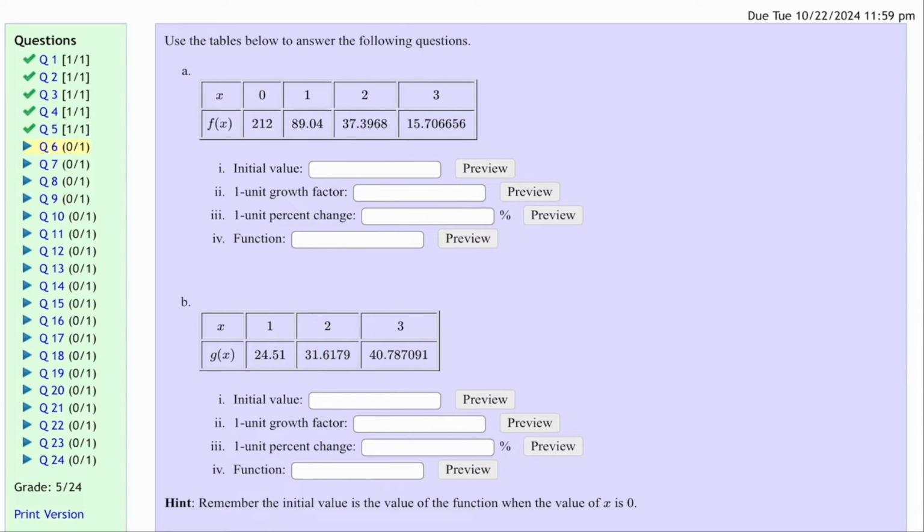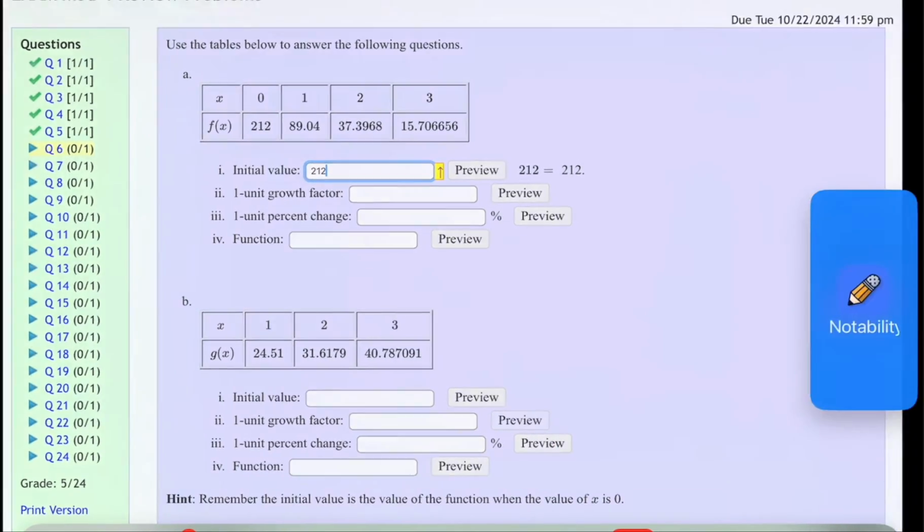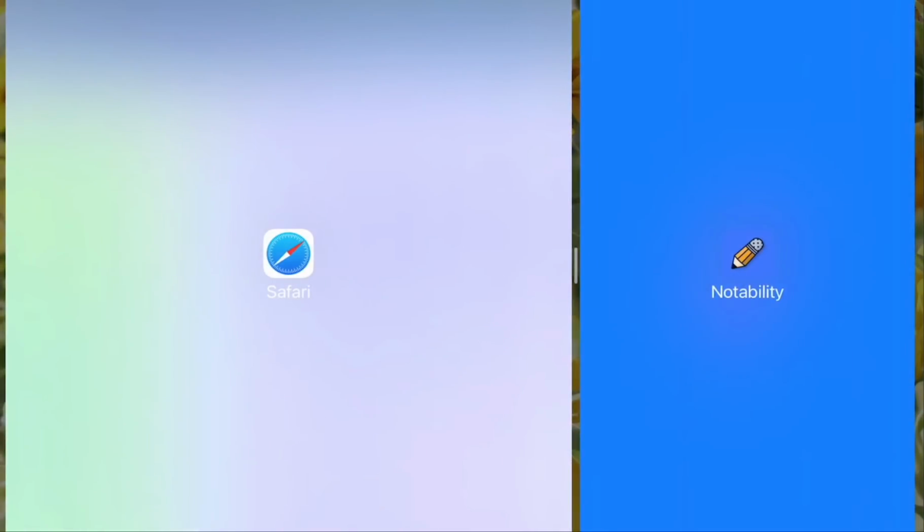So if we have a table here, let's go ahead and answer all the questions. The initial value is wherever the 0 is, and so our initial value in this case is 212. The 1 unit growth, we're going to take the initial value 212 and the first unit, 89.04. Let me pull up some paper again so I can help you as you go through this process.